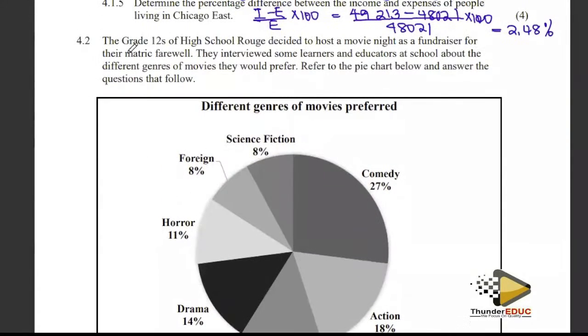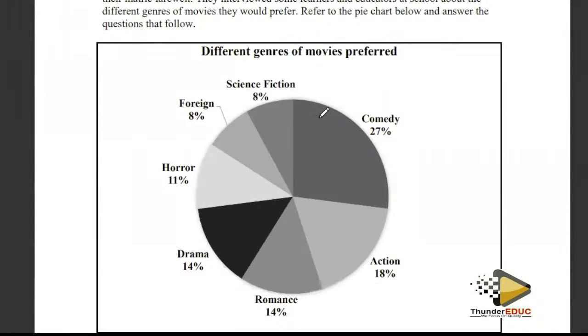We look at the pie chart here. You go on and see grade 12 high school. Amrouche decided to host a movie night as a fundraiser for the matric fair, where they interviewed some learners and educators. We see these are the different genres of movies preferred.